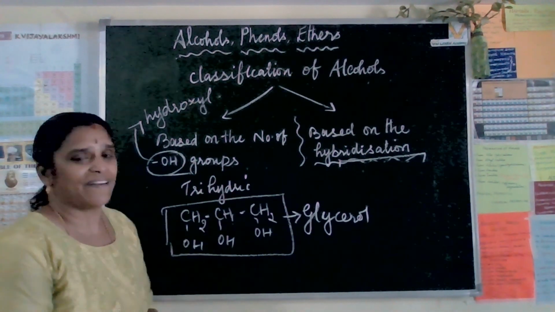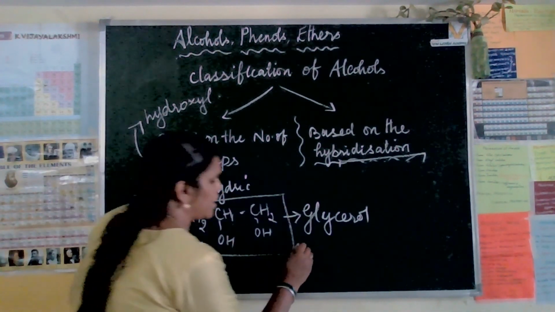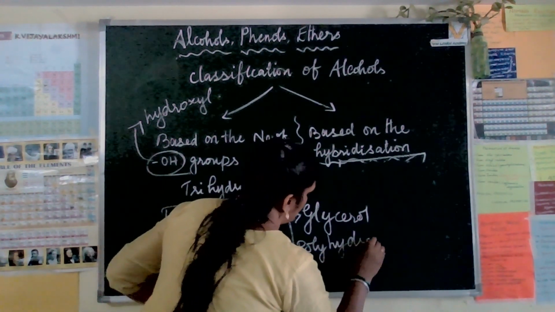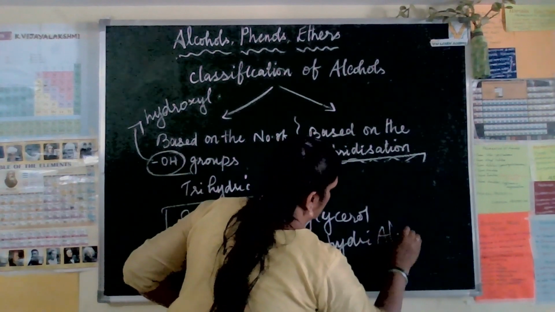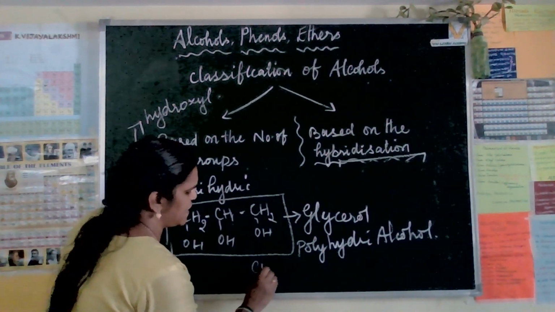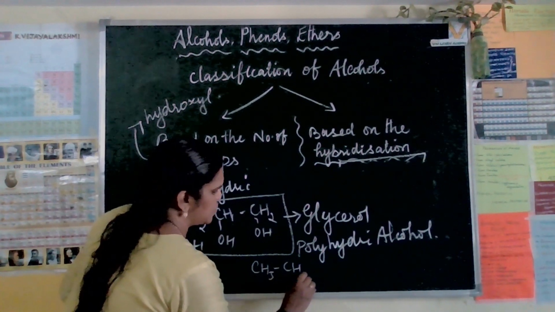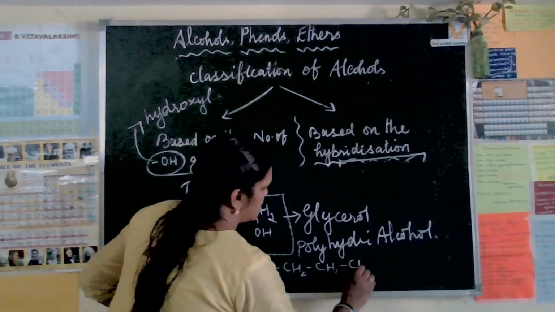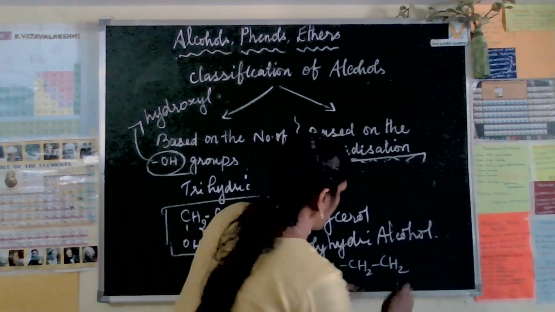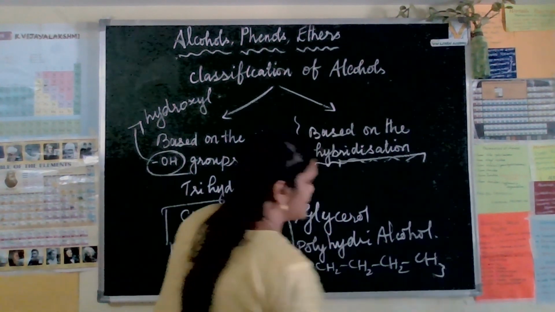Now polyhydric alcohol. How to go for polyhydric alcohol? Polyhydric alcohol is simple. For example, CH3CH2CH2CH2CH2CH3, 1, 2, 3, 4, 5, 6. Now this is hexane.